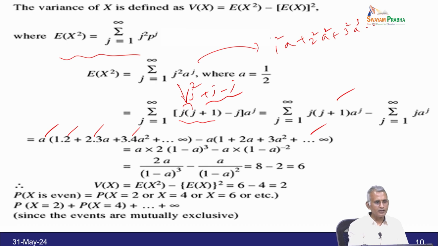So, this one is a into 2 into 1 minus a the whole cube minus a into 1 minus a the whole power minus 2, this is the expansion of binomial.